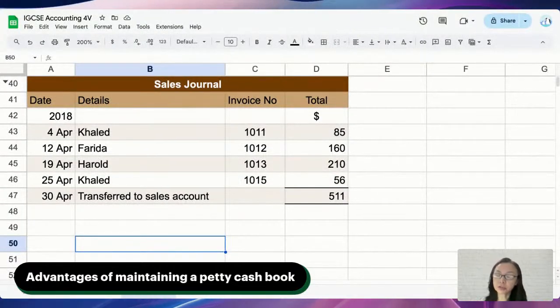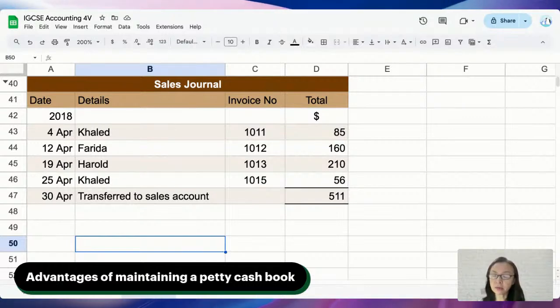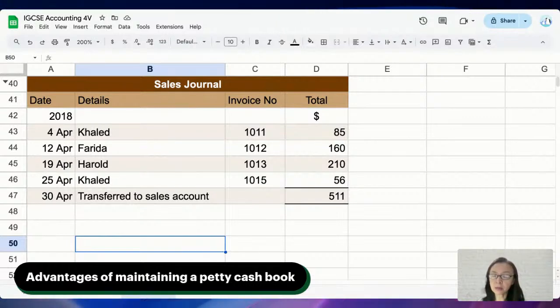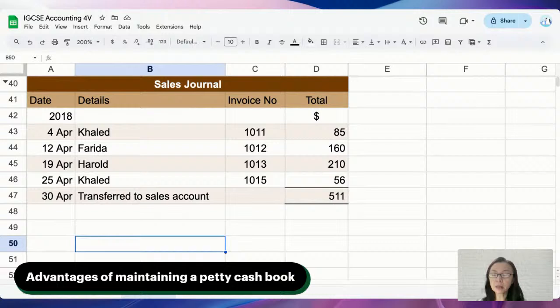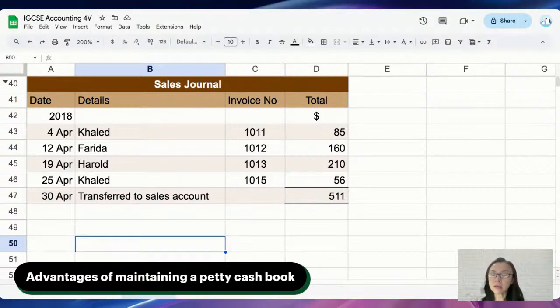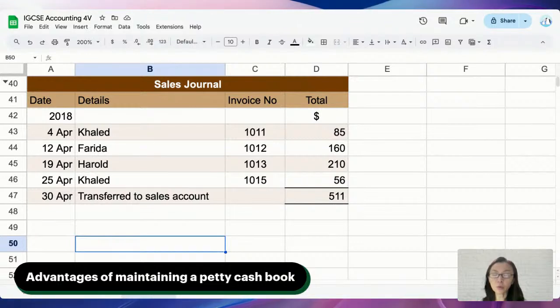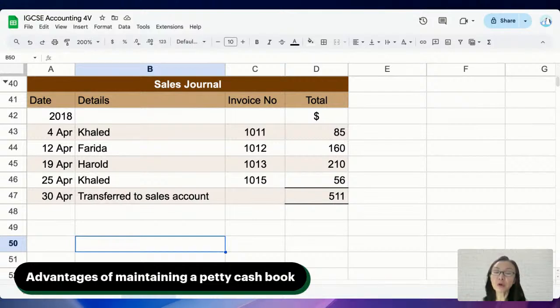In this sales journal, we can see that it's a very simple journal. In the first column on the left, we put the date, and then the details. The details indicate who the credit sale is to, that means the customer name. And then the invoice number.